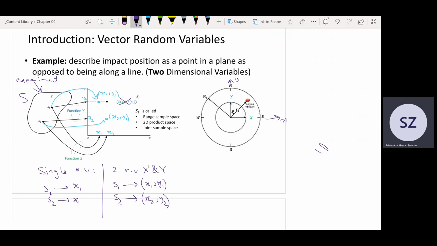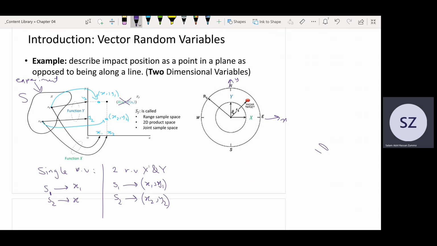Now here, the sample space again is the domain. However, the range is not the real line anymore, it's the two-dimensional plane. It could be only a discrete part of the plane if X and Y are discrete, or only a part of the plane, or the whole two-dimensional plane.